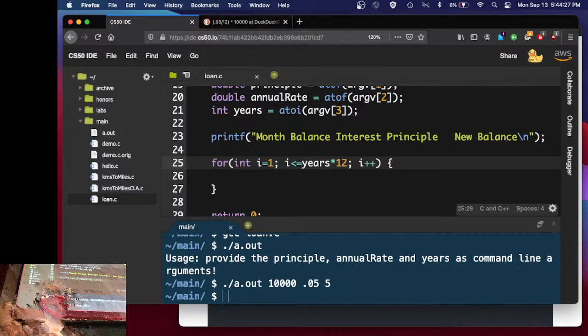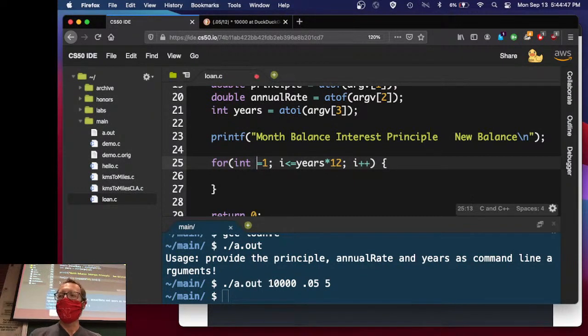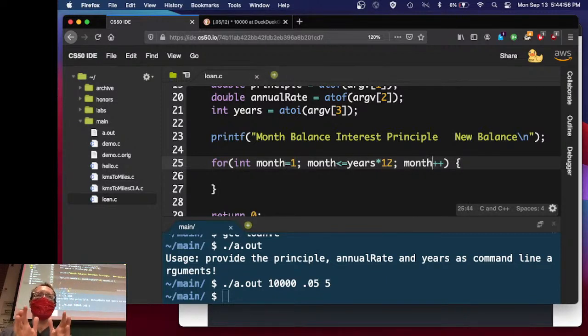Right? Now, is it a nice idea to use i? What is i actually representing now? If this is just a generic for loop, sure, i is good enough. But what is this actually representing? Month. So if it's representing the month, why don't you just call it that? That's one common thing that we saw in the hack 2. People would create a variable called, say, x, and then they'd put a comment, what was it, latitude.